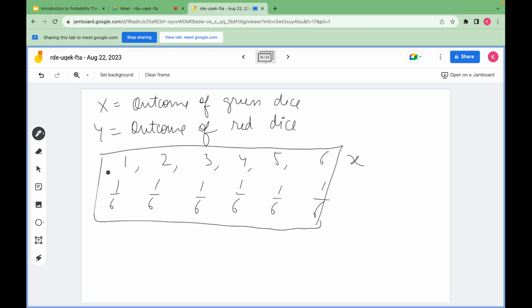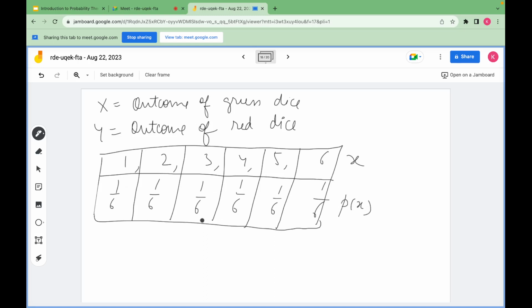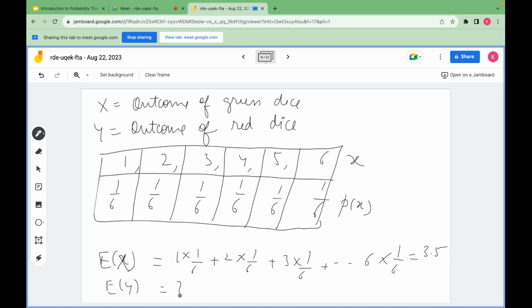From this we can find the expectation of x, which is 1 into 1 by 6 plus 2 into 1 by 6 plus 3 into 1 by 6 and so on up to 6 into 1 by 6. This is nothing but 3.5. Similarly, the expectation of y is also 3.5.